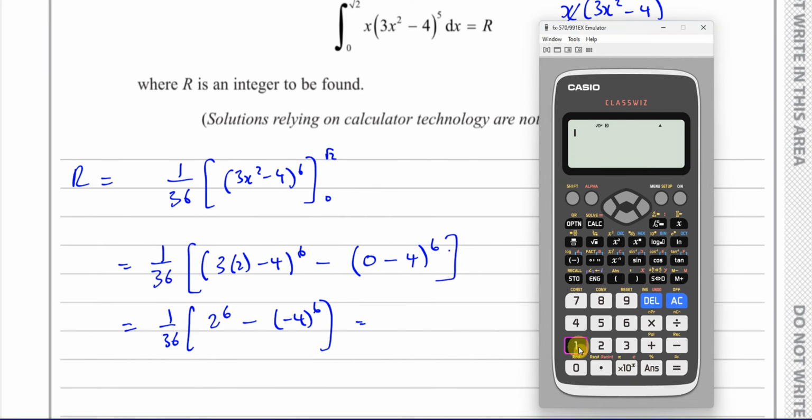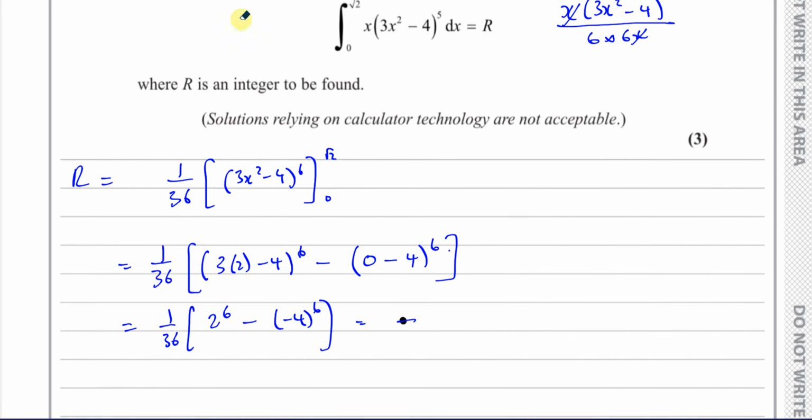We're going to have 1/36 times 2 to the power of 6 minus, and I don't need to put the negative here because it's going to become positive as it's raised to an even power, so minus 4 to the power of 6. And that gives us our answer, which is negative 112. So negative 112 is our answer.